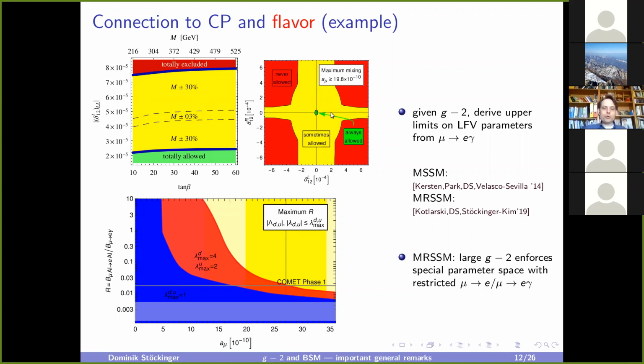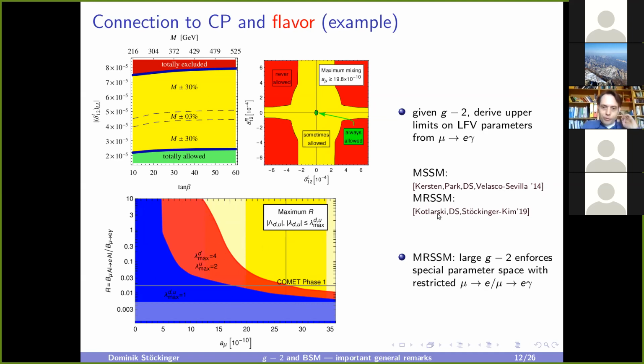I don't want to go into detail, but just let you know that if g-2 is explained, then flavor violating observables seriously restrict the parameter space. You cannot have order 1 flavor violation, but you need order 10 to the minus 4 flavor violation. Similarly, let's look at the lower plot here.